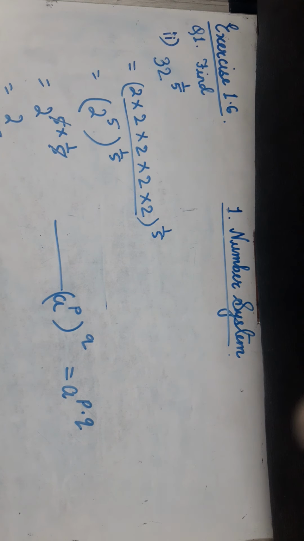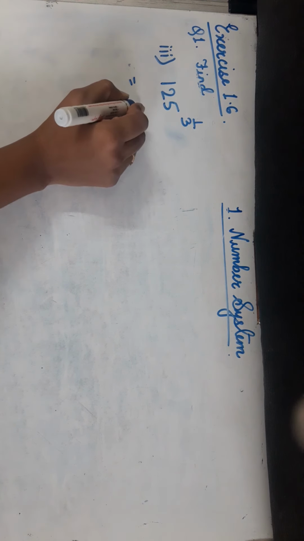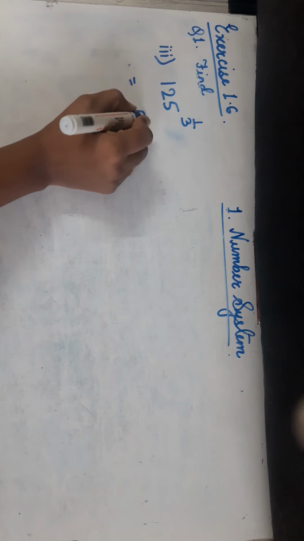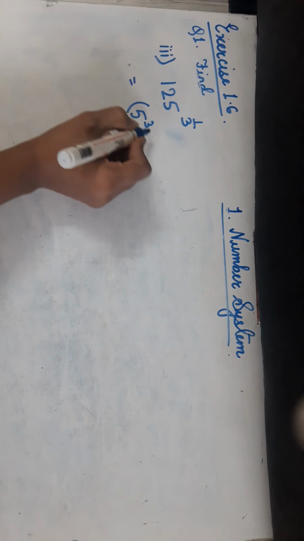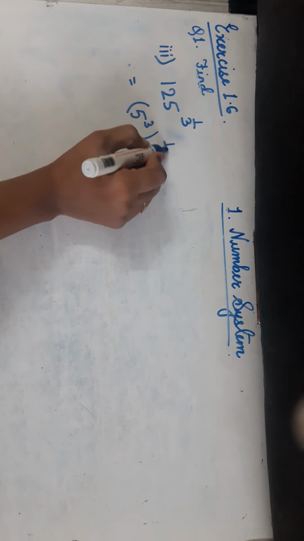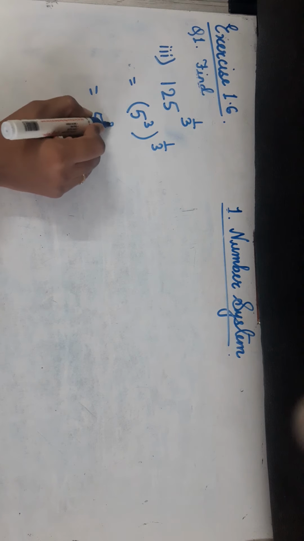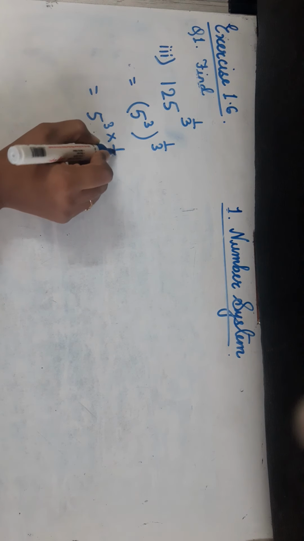Then let us see the next question. Then third question is 125 raised to 1 by 3. Now we know that 125 is cube of 5, right? So I can write this 125 as 5 cube and this 1 by 3 as it is. The same law, again use it here. It will be 5 raised to 3 into 1 by 3.